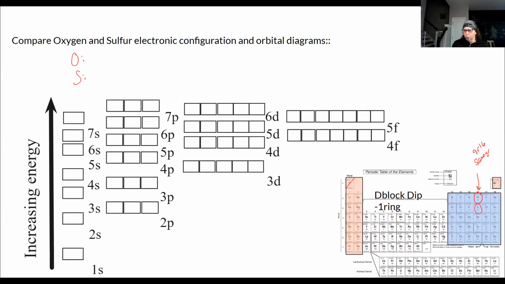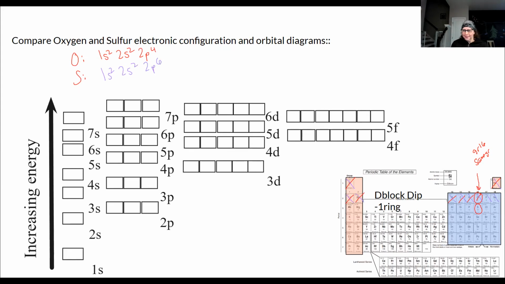Oxygen first, 1s2, 2s2, 2p 1, 2, 3, 4. Sulfur, starting at the beginning, 1s2, 2s2, 2p 1, 2, 3, 4, 5, 6.